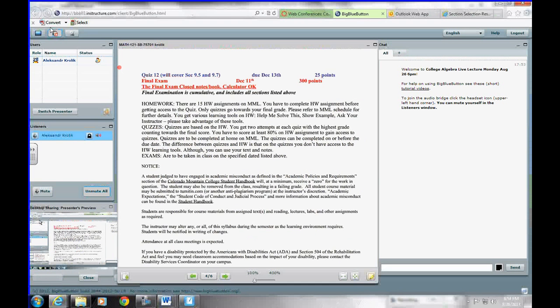The quizzes are open right now. In order to open quiz 12, you have to work through everything. So if you want to get a head start, you can keep cranking them out. The exams are fixed, but the assignments are already open, so you can do them early, but not later. Later would be a problem.